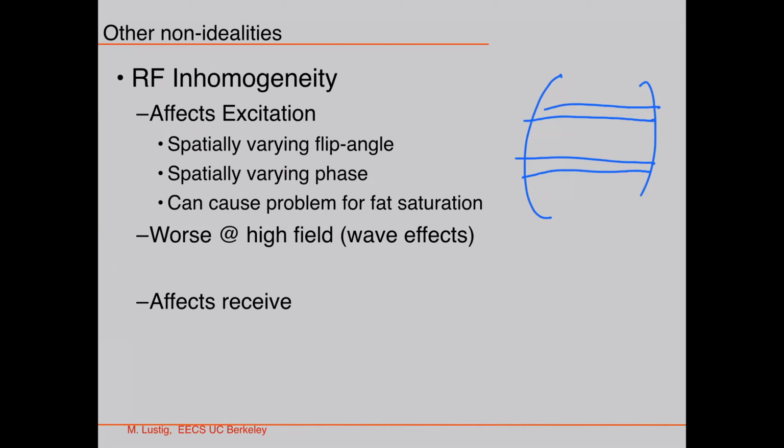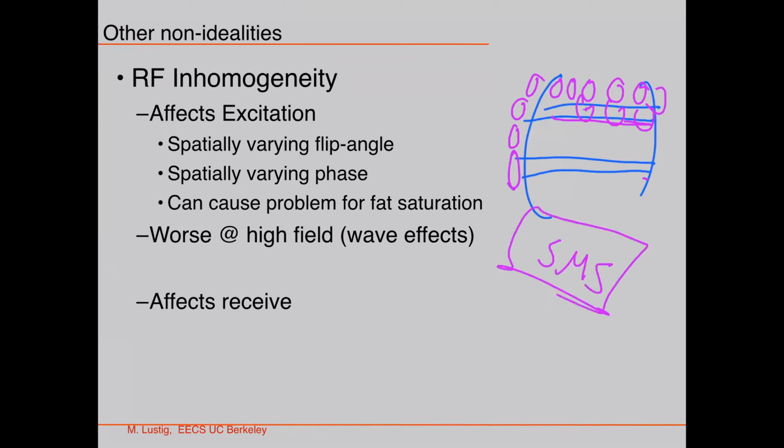But there are other ways. If you have an array of coils that surrounds your body, some of the coils will see this slice better than they'll see the bottom slice, and some others will see the bottom slice better than the other slice. And that may actually help you separate those. And this is called SMS, simultaneous multi-slice.